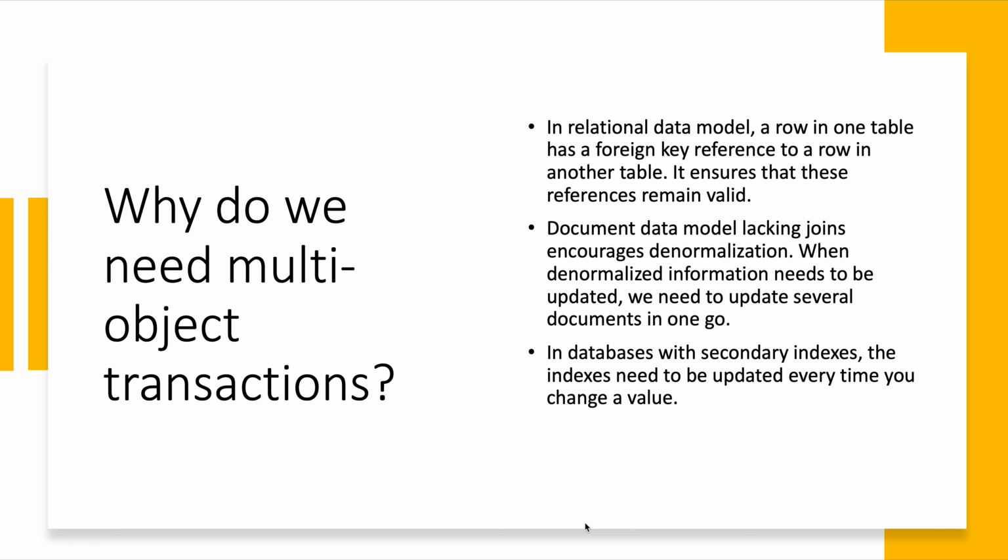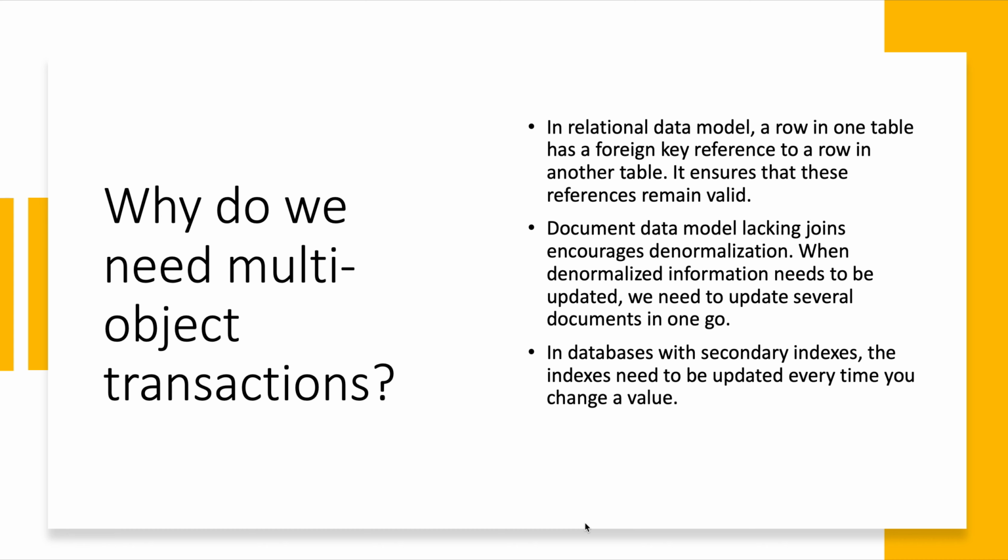The third case is databases with secondary indexes. The indexes also need to be updated every time we change a value. So these indexes are different database objects from a transaction point of view. For example, without transaction isolation, it's possible for a record to appear in one index but not in another because the update to the second index hasn't happened yet.